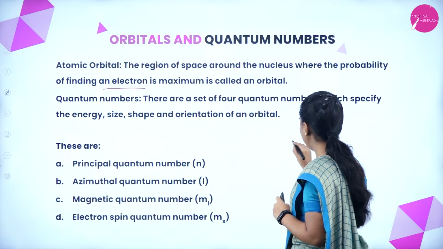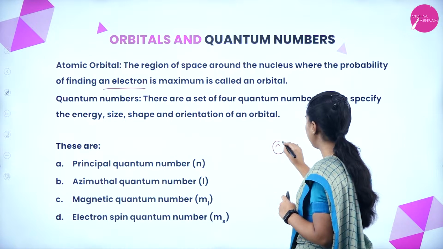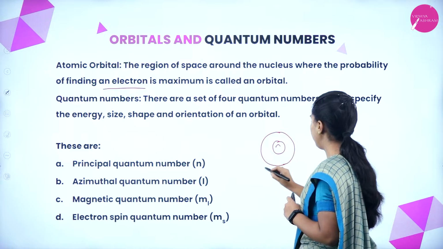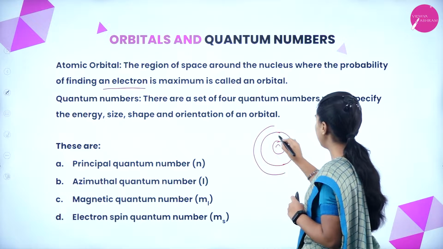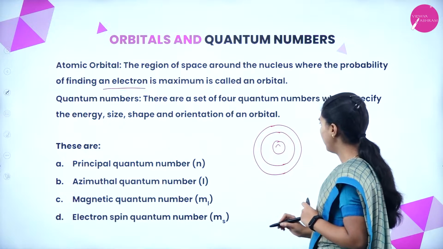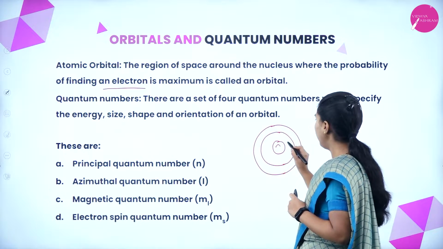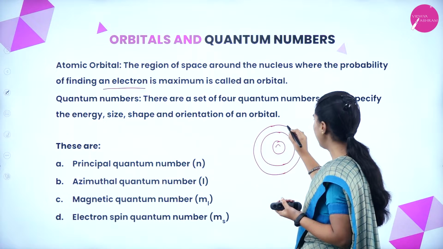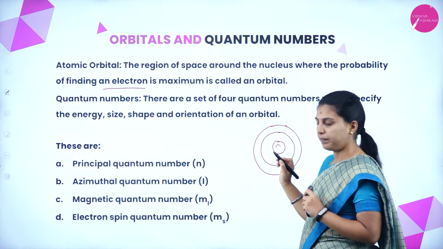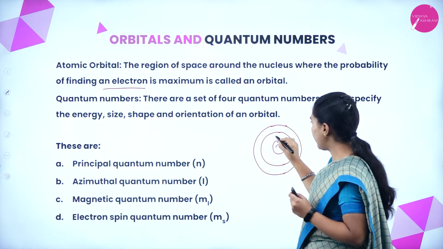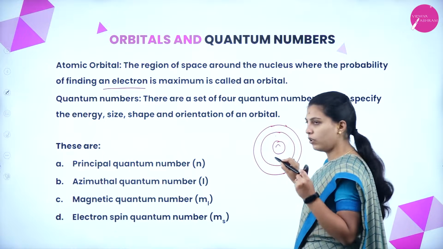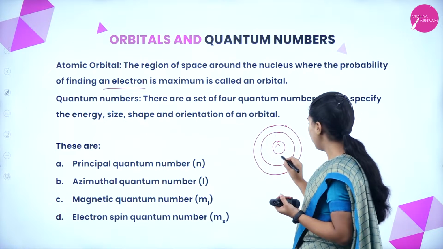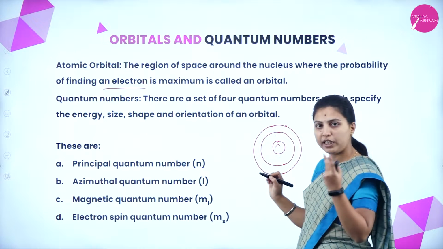If this is the nucleus, this is the first orbit, and this is the second orbit. If we consider only hydrogen, only the first orbit exists, and this will not be present. In a hydrogen atom, 1 electron will be present. If we have more than 1 electron, an s orbital has a capacity of 2 electrons.